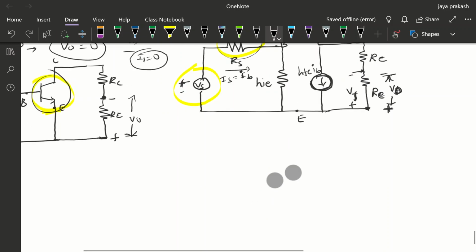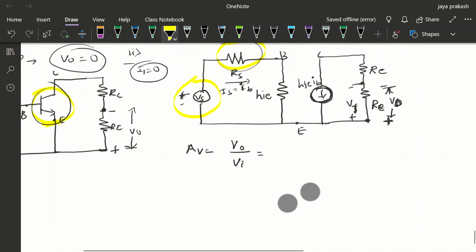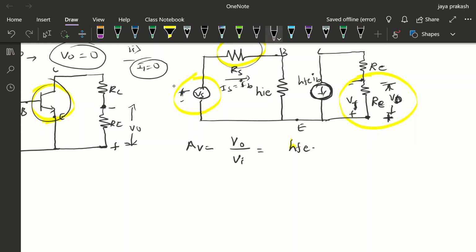Now fourth step, we have to find out the A and beta. AV is equal to V0 by Vi. V0 is the voltage across RE. We know the current flowing in this one, so it can be considered as HFE IB into RE.